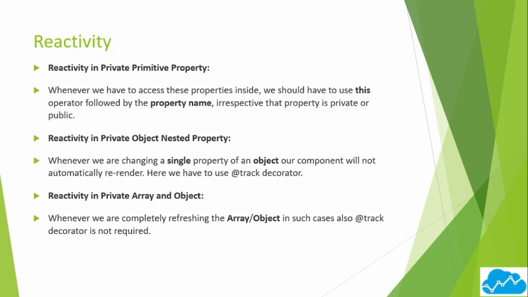We don't have to decorate that particular property with @track decorator, irrespective of whether that property is private or public. We don't care about that, simply we have to use this keyword followed by the property name in primitive property.